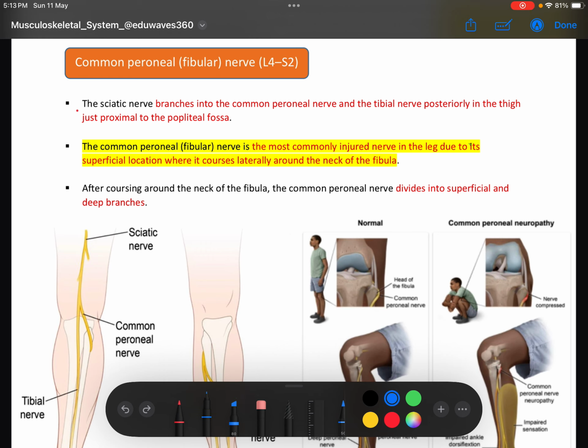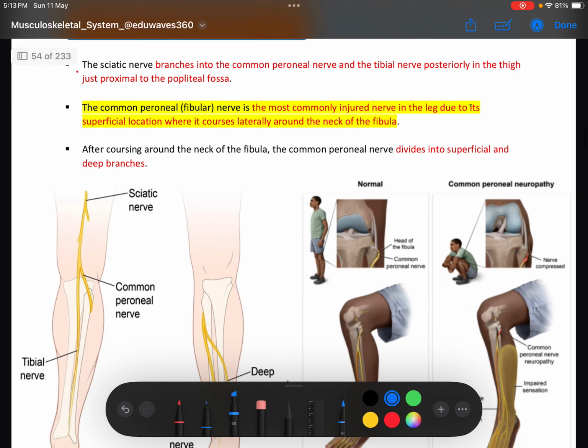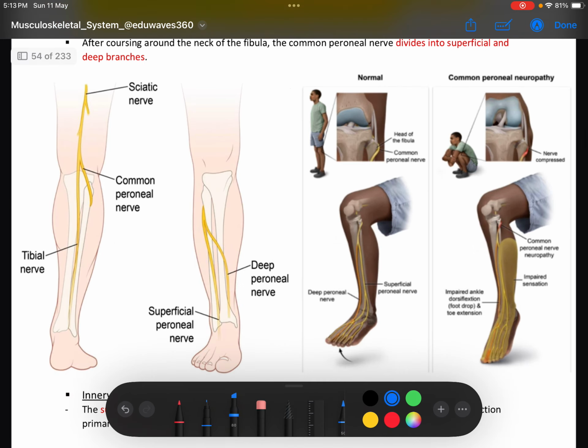Okay, the common peroneal nerve is a branch of the sciatic nerve. Good. If you look at this line here, the sciatic nerve branches into the common peroneal nerve and tibial nerve, posteriorly in the thigh just proximal to the popliteal fossa. So this is the area of the popliteal fossa.